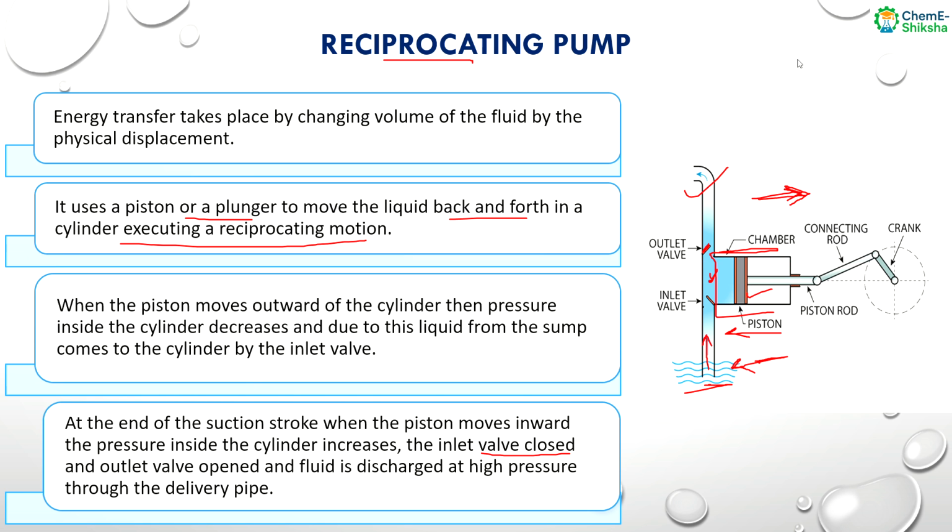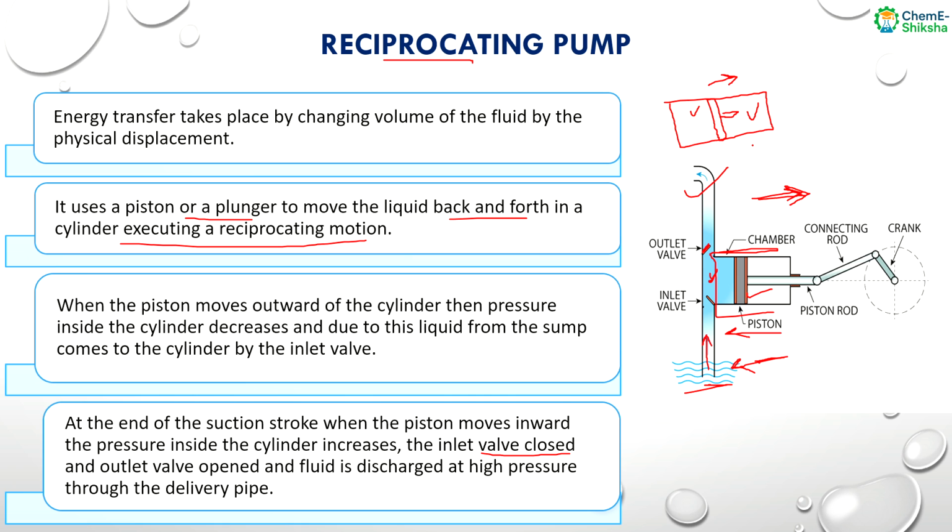In the case of a double acting reciprocating pump, what will happen? Let's say this is the cylinder and we have the piston over here. When this piston moves in this direction, in this part there will be a suction stroke and in this part there will be a discharge stroke.